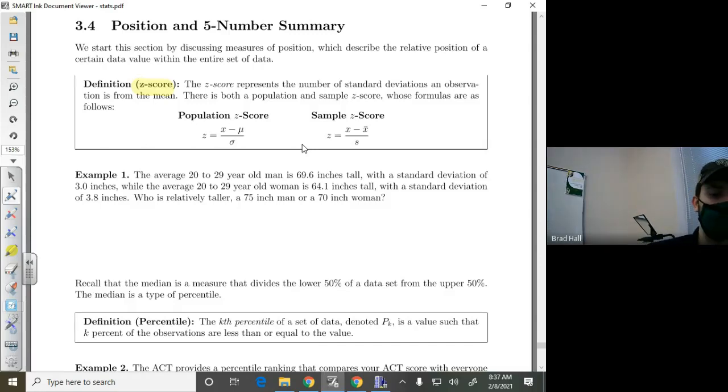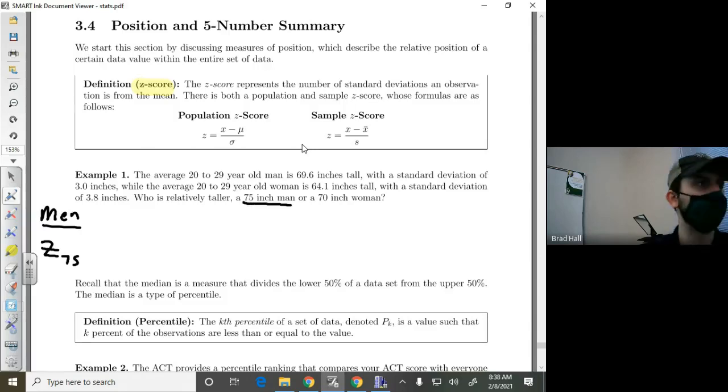So to figure out the z-score, normally the notation, we'll start off with men. The z-score, the way it's normally notated is z with a subscript of 75, because we have a 75-inch man.